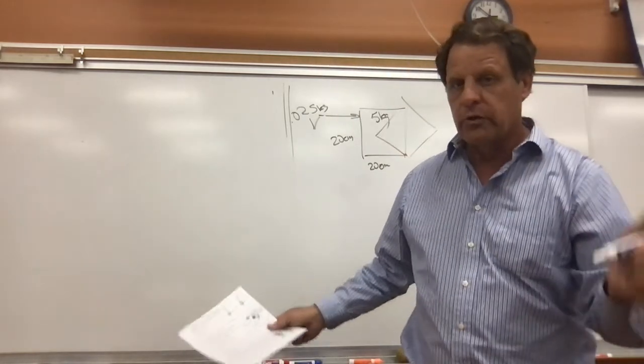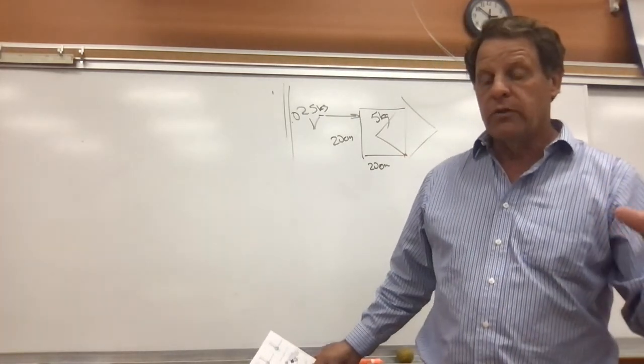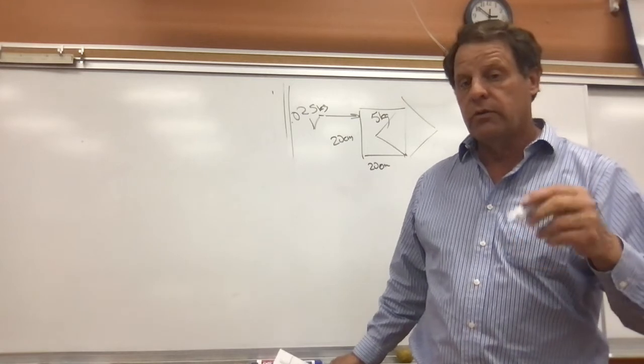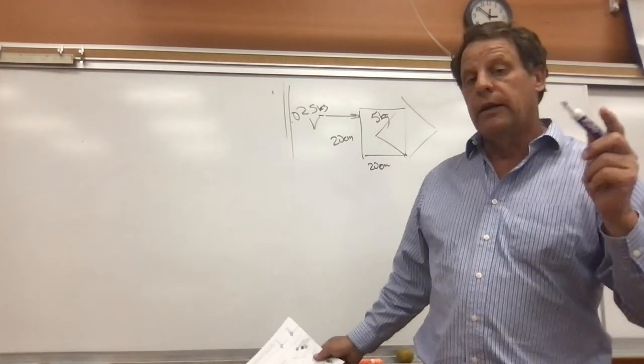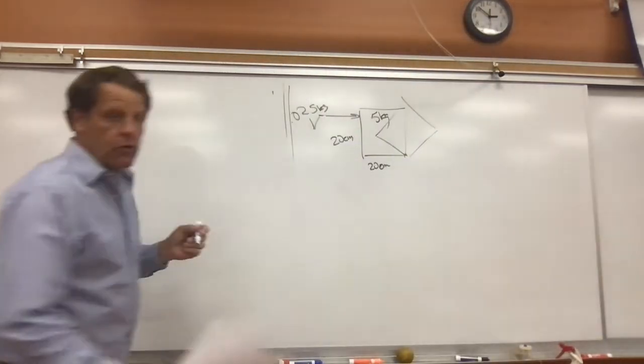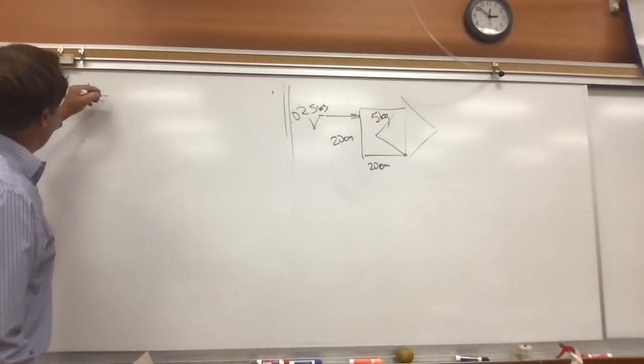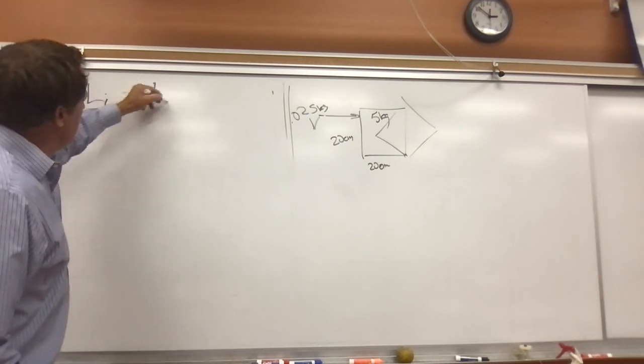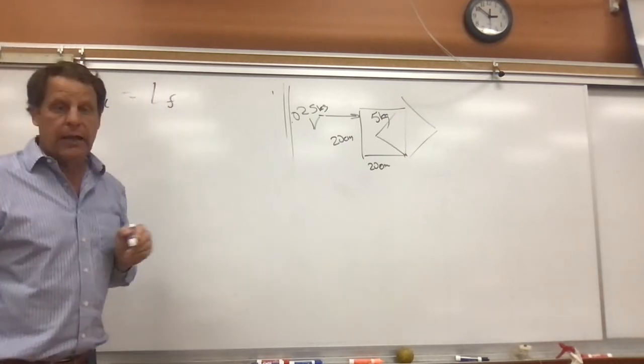Very similar to that. So we had two components then, and now we have two components for this one, except the first part is going to be angular momentum, okay? So the angular momentum initial is going to equal the angular momentum final.